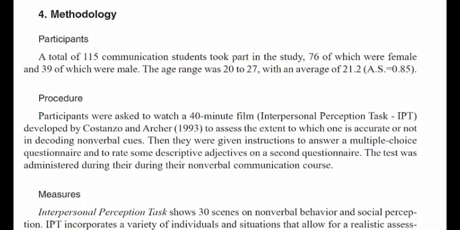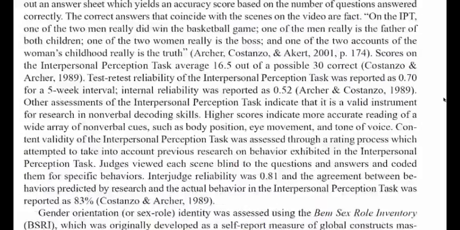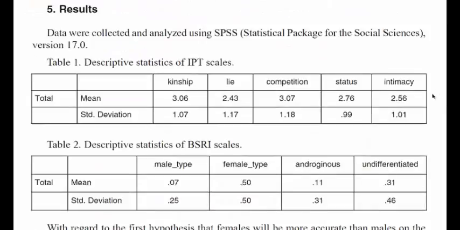Okay, number 2, what is the mean score for status? If you go to the next page, page 95, you see that there are some descriptive statistics of the scales in Table 1, and if we look for status, we see the mean score is 2.76. Number 3 of our workbook says Table 1 on page 95 describes 5 scales: kinship, lie, competition, status, and intimacy.